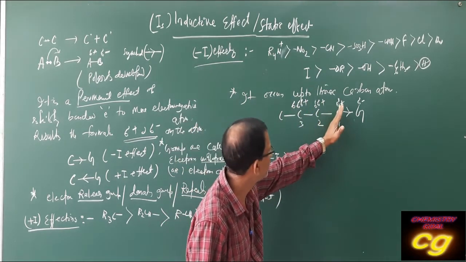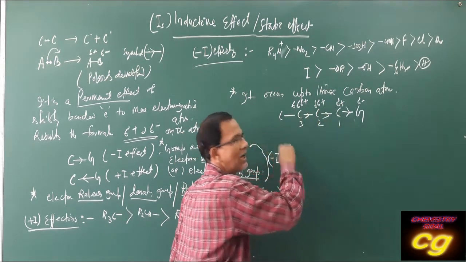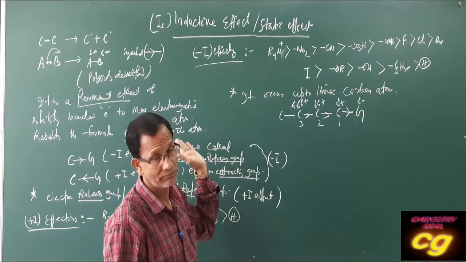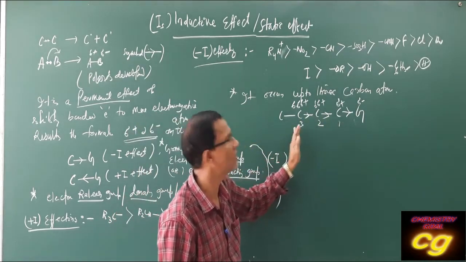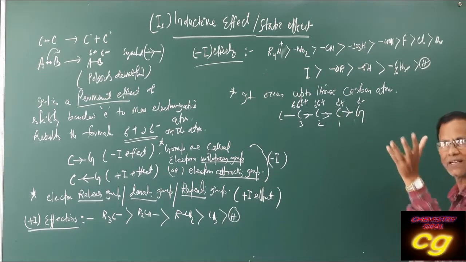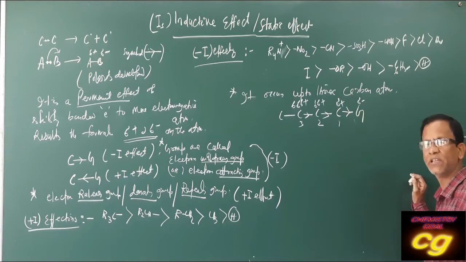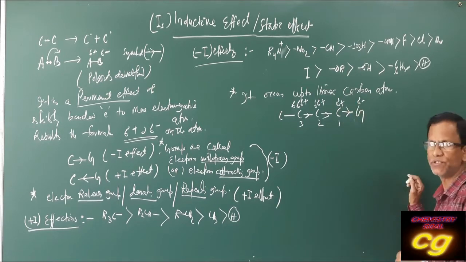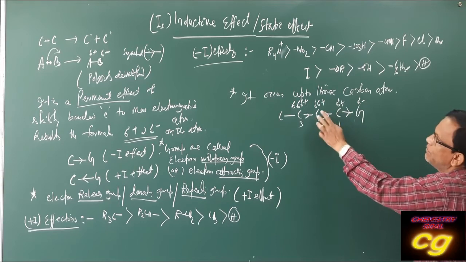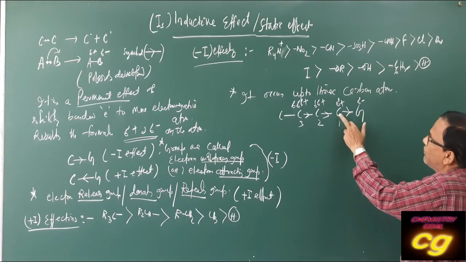That means the positive charge decreases from the first carbon to the third carbon. Between C and G the attraction is more, so G carries more negative charge and the first carbon carries more positive charge. The attraction between the first and second carbon is less compared to first carbon and G.